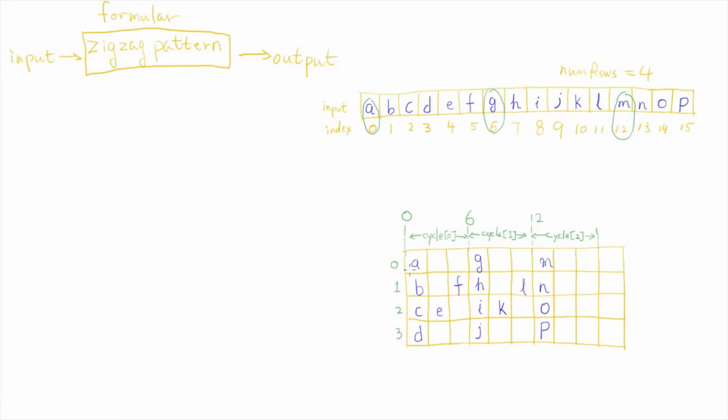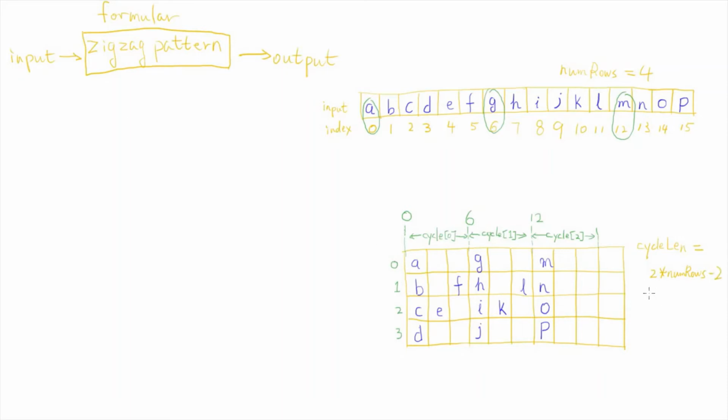Now let's calculate the length of one full cycle. In the first cycle, we can see, except for the top row and the bottom row, all the rows in the middle have 2 characters. And in the top row and the bottom row, there is only 1 character. So the cycle length is equal to 2 times num of rows minus 2.